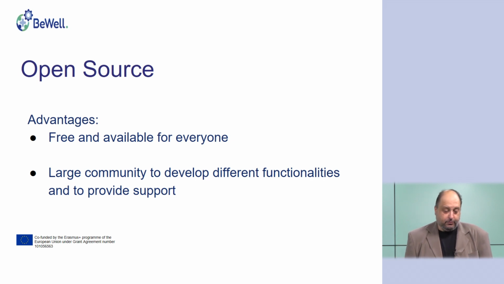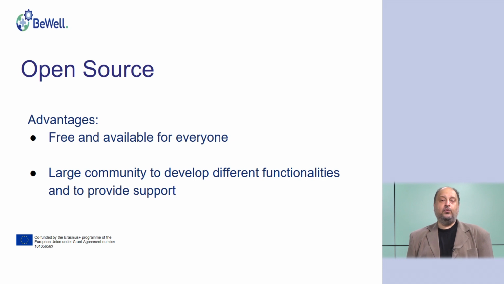The next important thing is the price, because it's really of great importance for some small companies. And there are options like open source systems. Of course, the open source systems have advantages and some disadvantages, and the great advantage is that they're free. No need to pay for them.